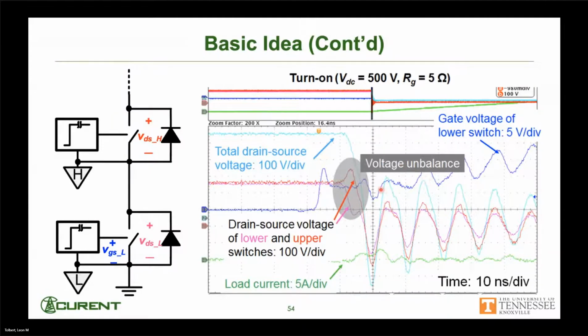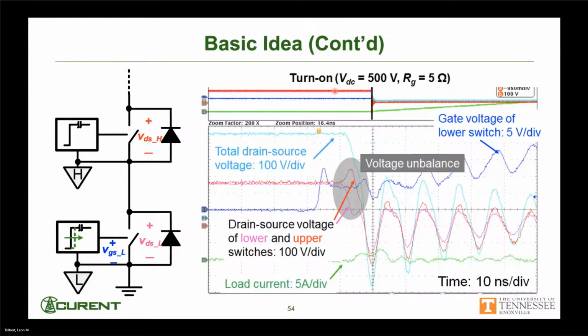So this is then showing again that voltage imbalance, and in this case quite a bit of imbalance. And this is in the turn on case. Earlier we looked at the turn off case.